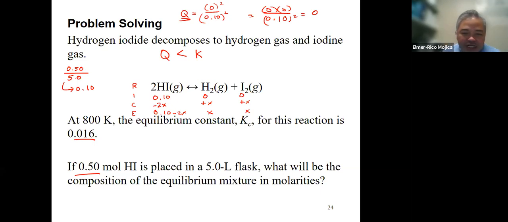Okay, how do we solve this? 0.016 equals x times x over (0.1 minus 2x) squared. Do you follow, class?